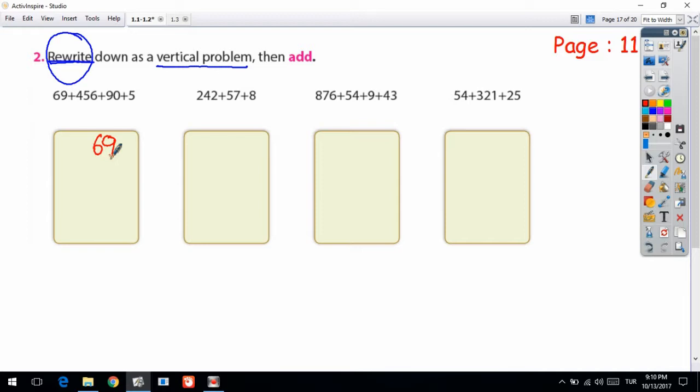Then the hundreds digits must come under the other. So now let's look at the ones digit of the first number, 9. The ones digit of the second number is 6, of the third number 0, and of the fourth number 5. Now we will write these numbers under 69. So I am writing here 456, then 90. The last one is 5.